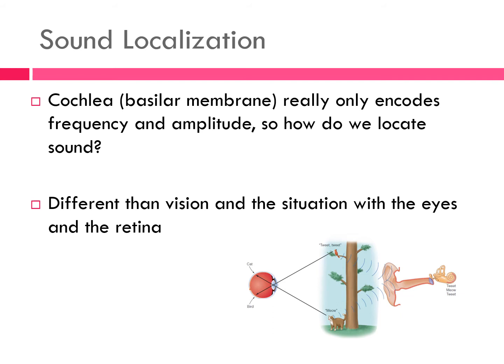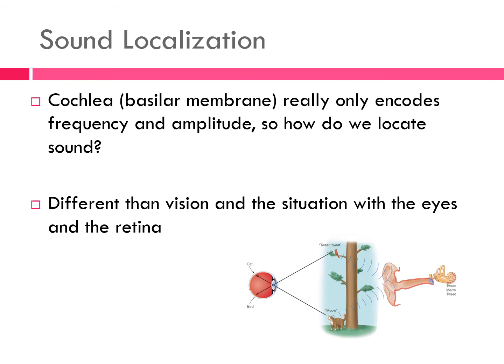This is a really different situation than what we saw with vision, with the eyes and the retina. And I think Goldstein's picture shows that really well. If the bird is tweeting and it's up high, it's hitting the retina low on the retina.